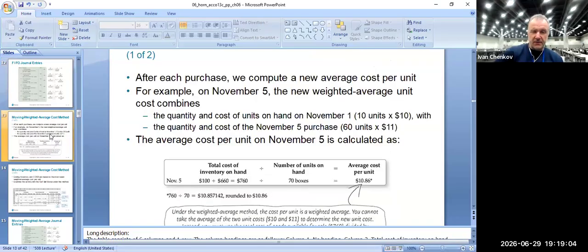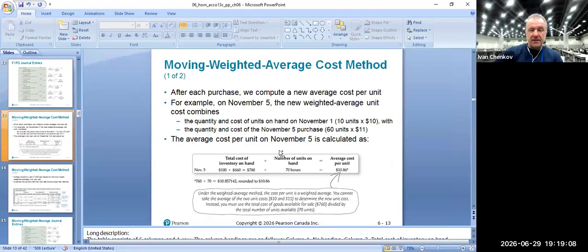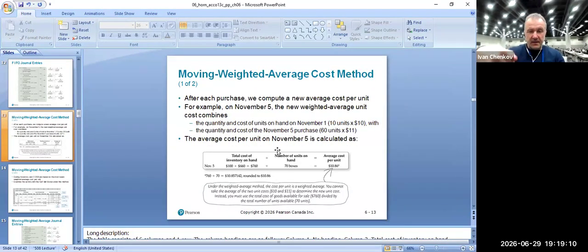Now let's do the next one, which is weighted average. Since we have inventory which always updates itself with every purchase, and since we're running this perpetual system, we're going to call it moving weighted average. What does moving mean?